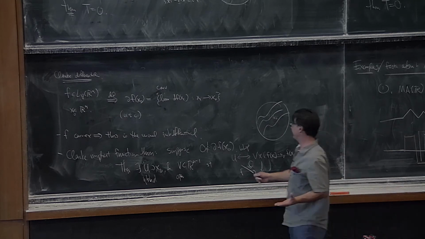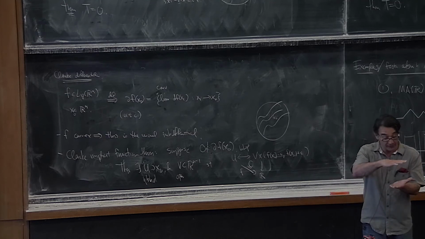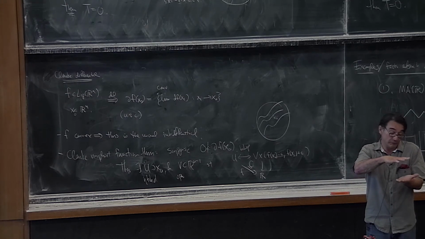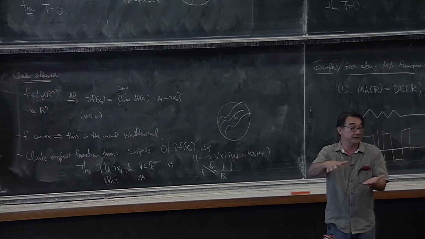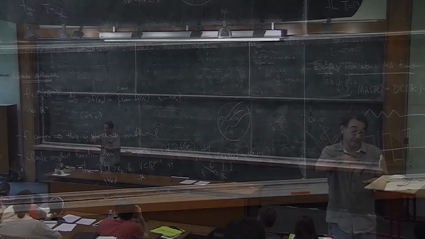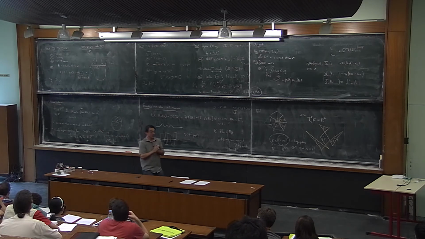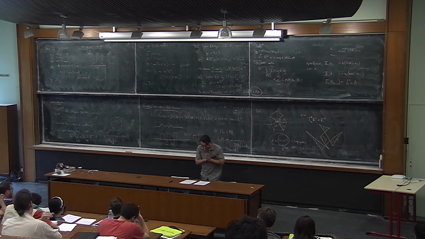So if I convolve it with some small mollifier, everything's nice and regular. I can just flow by the gradient of that convolved function. Everything works. There is no problem. Good. All right.